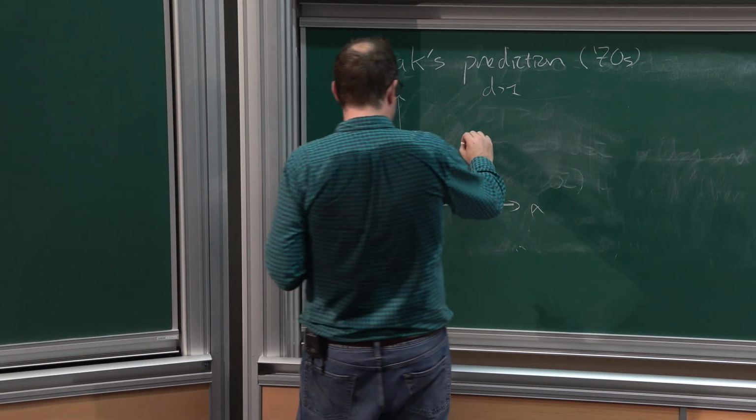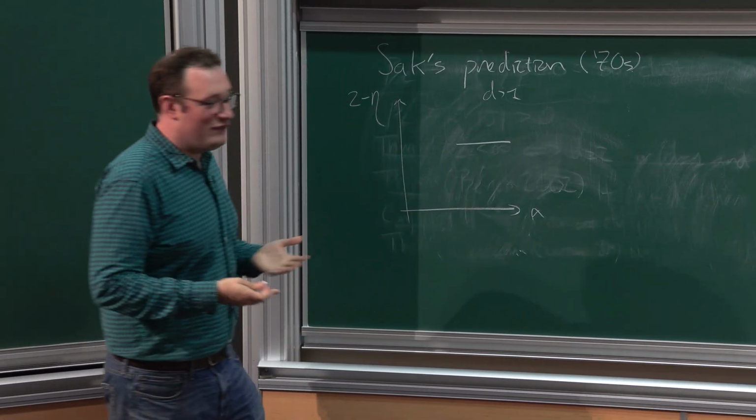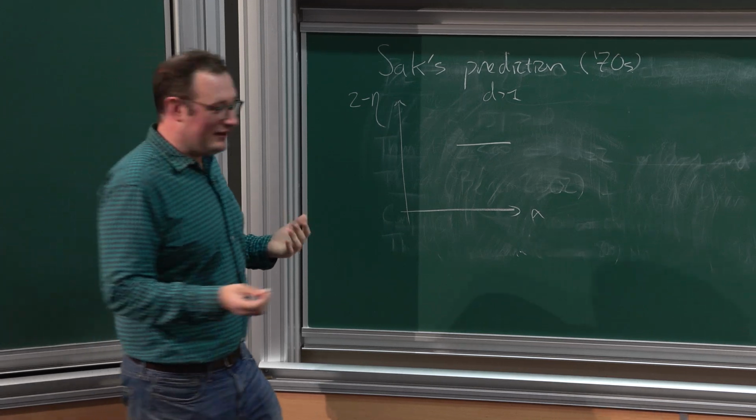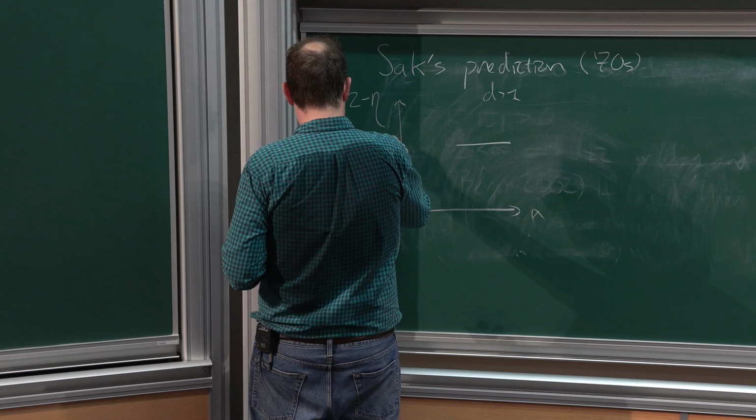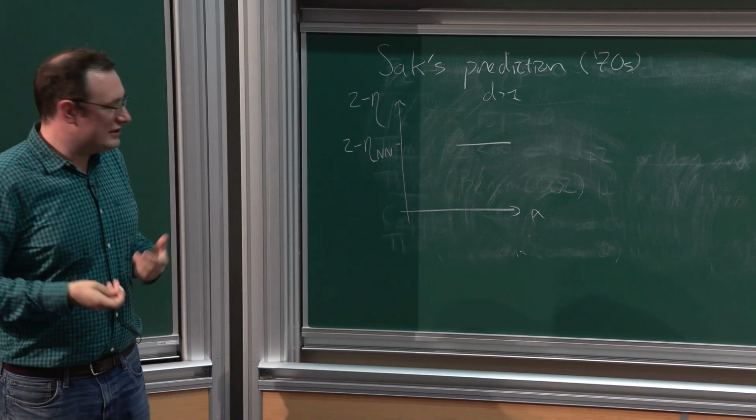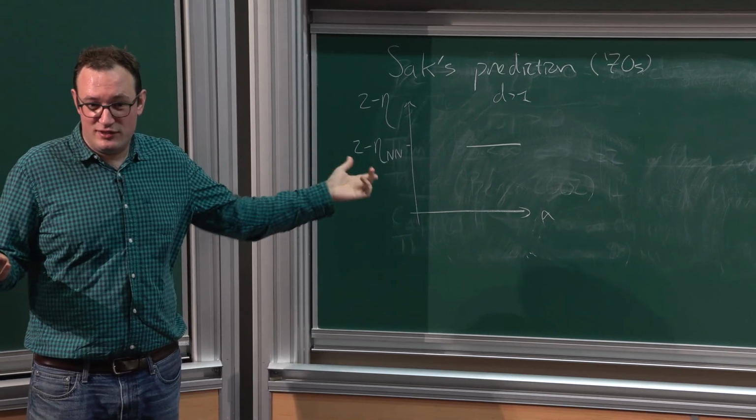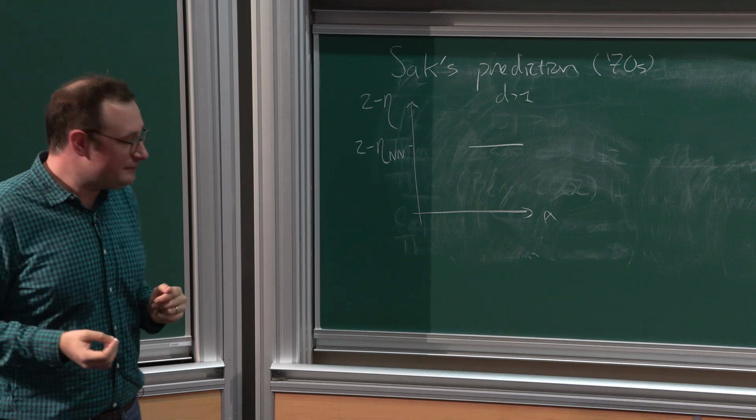In particular, this exponent should just fixate at whatever it is in the nearest neighbor model, which is something that's difficult to understand, but it's 2 minus eta nearest neighbor, where that just means the corresponding exponent for the nearest neighbor model.